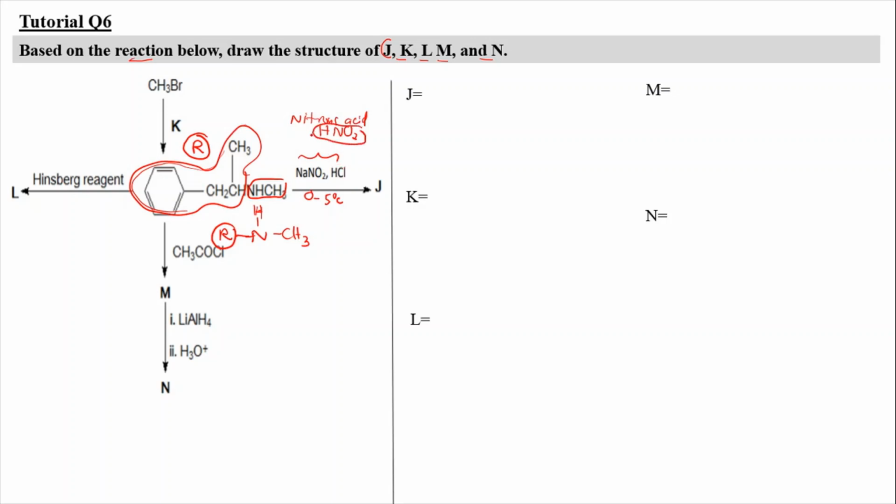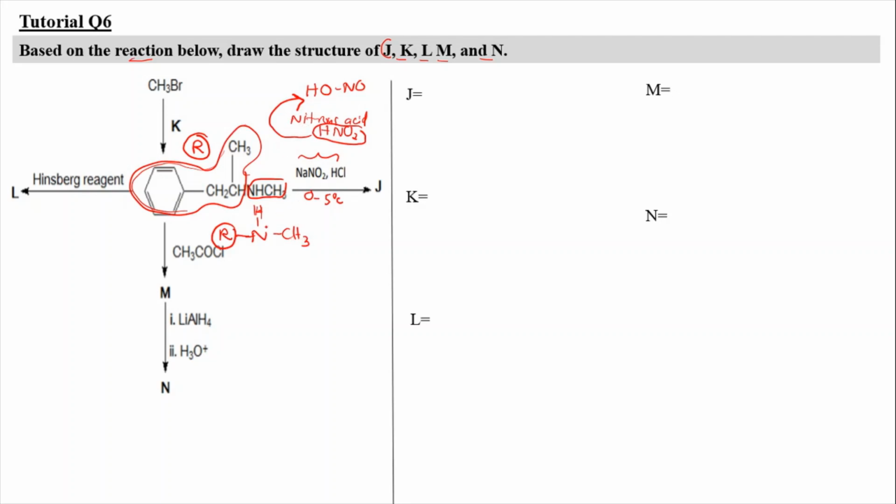Okay, and the nitrous acid here, which is HNO2, we can also write it as HONO. Okay, so HNO2 sama juga dengan HONO. Okay, why do I do it like this? This is easier so that you can see how the bond is formed.